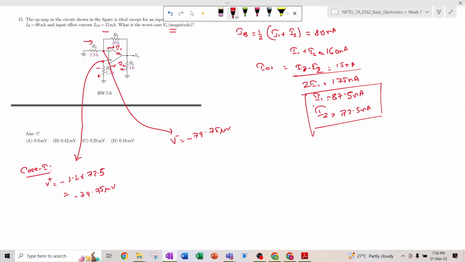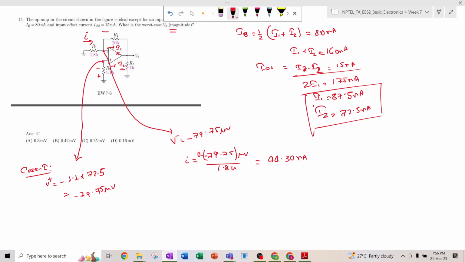The current flowing through this, I, is equal to 0 minus of minus 79.75 microvolt divided by 1.8 K. How much nanoampere? 79.75 divided by 1.8, which is 44.30 nanoampere. That is the current flowing through this.